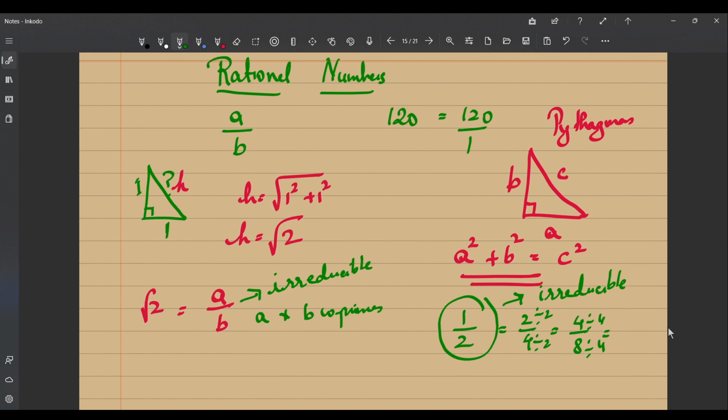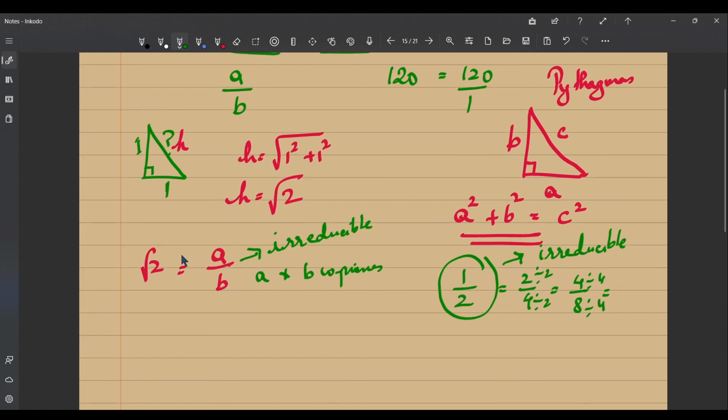So this being said, let us now explore. Root 2 is equal to a by b. Now root 2 is a little difficult to handle in calculation, so let's square both sides of the equation. So what do you get? You get 2 is equal to a square by b square, or multiplying both sides by b square, we arrive at 2b square is equal to a square.